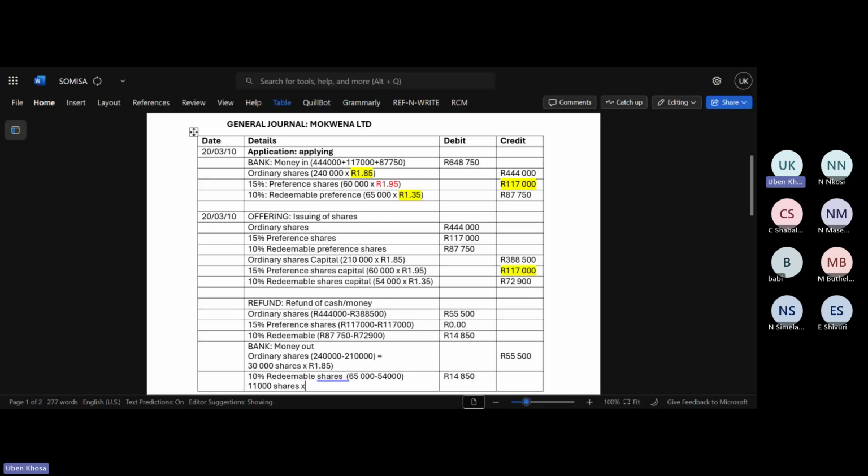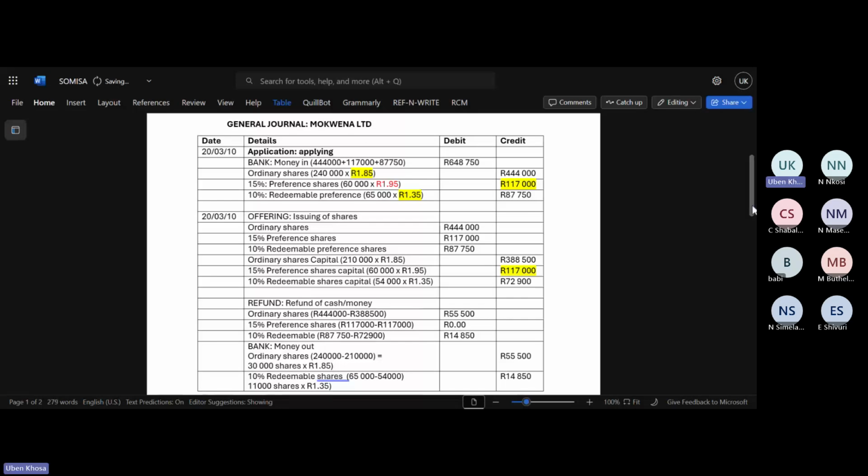Then let's convert it into value. How much is each share for redeemable preference shares? 1,35. Then let's calculate the value. 11,000 shares must be refunded, multiplied by 1,35 is equal to 14,850.